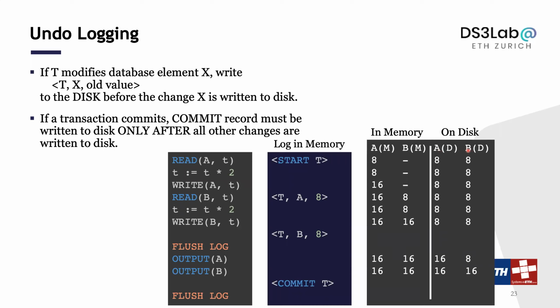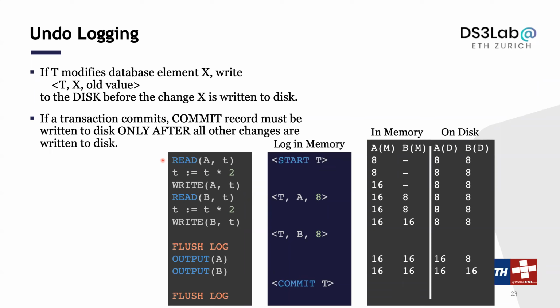We also have the log file in memory. I didn't draw the log file on disk, but this is the in-memory part of the log. Let's follow this line by line. In the transaction, the first thing I do is read A. What is the effect of that on my system?